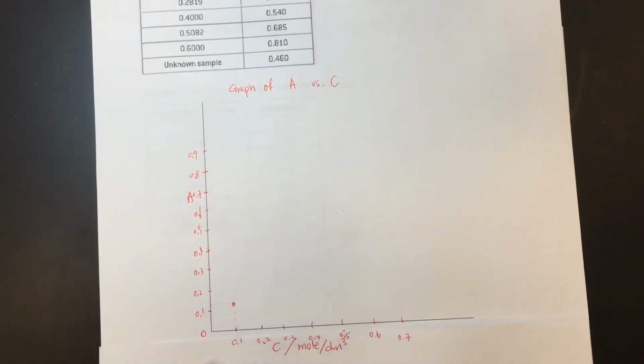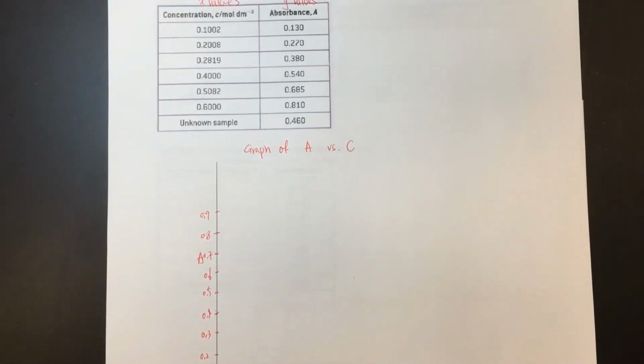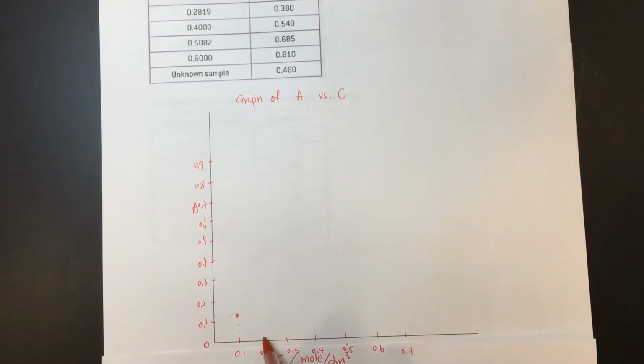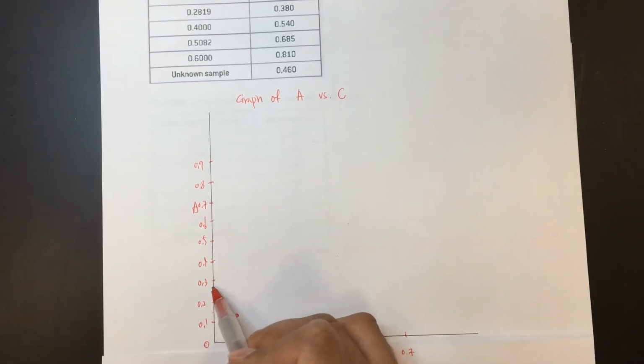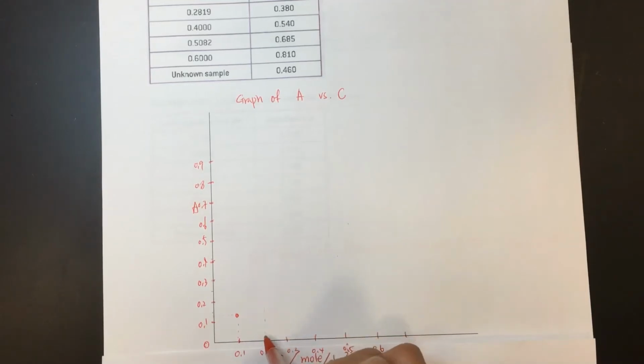Okay, this is going to be your first coordinate point. The second point is 0.2 and 0.27, so it will be approximately located over here.